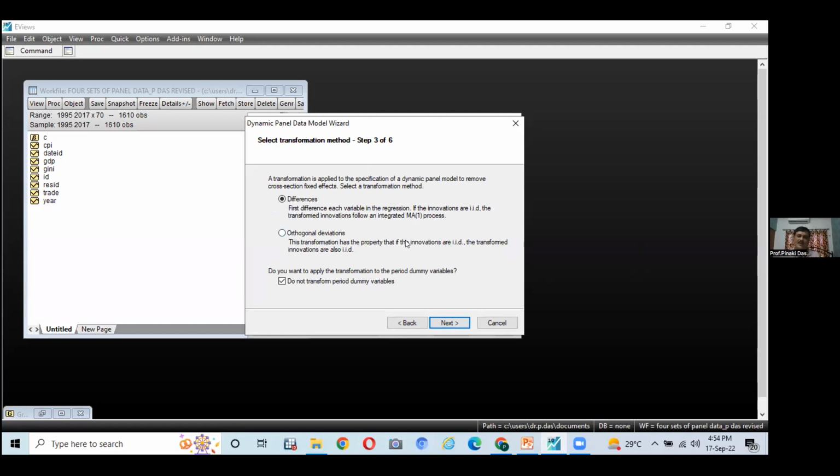Both are applicable, but researchers generally use the orthogonal transformation or orthogonal deviation method. Here we consider the orthogonal deviation method, and there is another option, that is, do not transform the period dummy variables. We are interested to analyze the impact of the period dummies. Therefore, we do not transform the period dummy variables. Therefore, it is as usual.